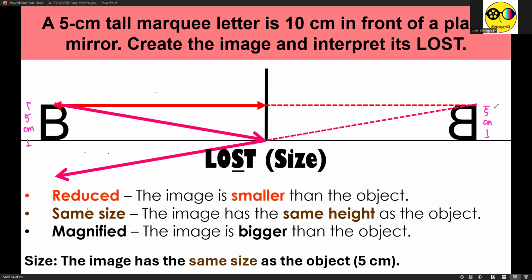Because the mirror only reflects what you project to it, specifically for plane mirrors. Okay, so size is the easiest of all the LOST interpretations because you're just comparing the height.